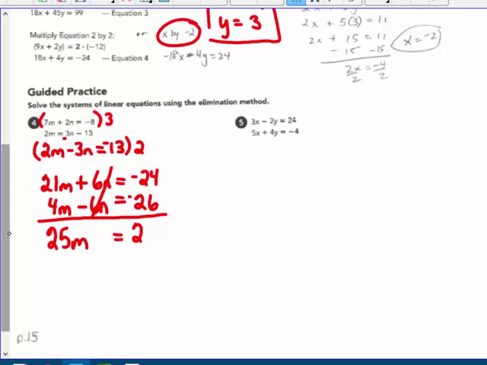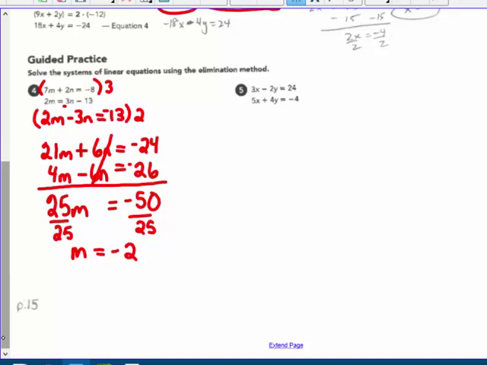I didn't think that was right. That's not going to be a very nice number, 2 divided by 25, but negative 24 and negative 26, same signs, add and keep, that's going to be negative 50. Oh, got to be careful with those negatives. Dividing by 25, I get m equals negative 2. See how easy it is to lose those negatives.